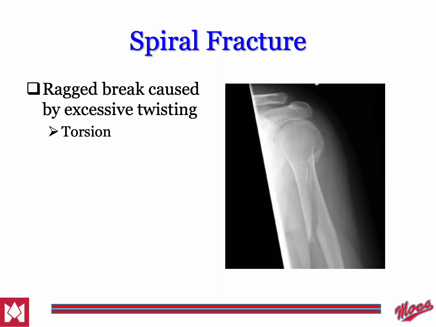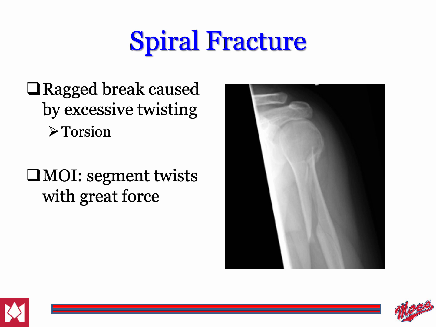Okay. Now, a spiral fracture is actually really interesting. It comes from extreme force in a torsion manner, so a twisting manner, on a long bone. All right. So the mechanism of injury for this particular fracture is that the segment is twisted with a great amount of force.